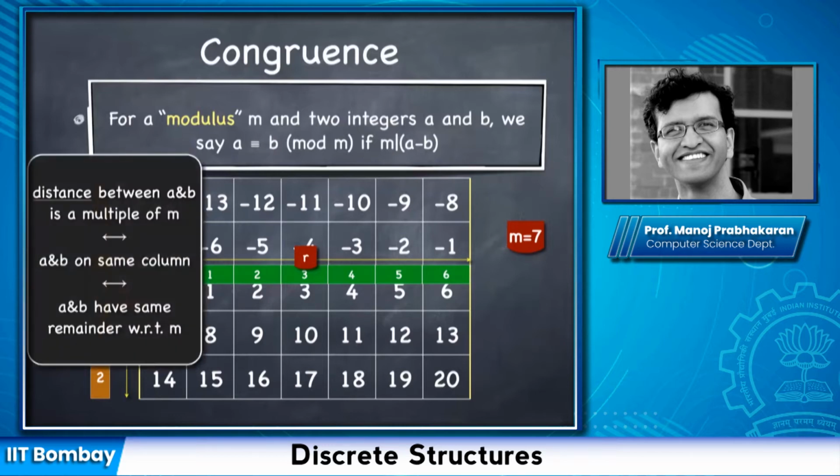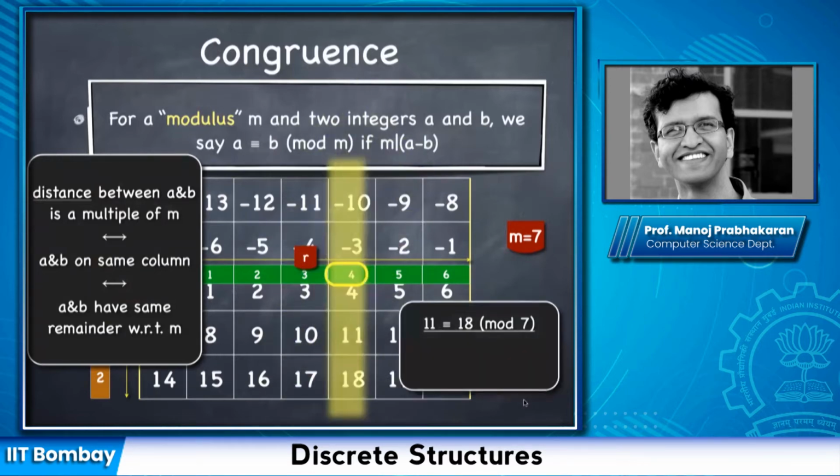And what we just saw in the previous slide is that it's the same as saying a and b have the same remainder with respect to m. And if you look at this table, that's saying that a and b have to fall on the same column. For instance, take an example here, 11 and 18.